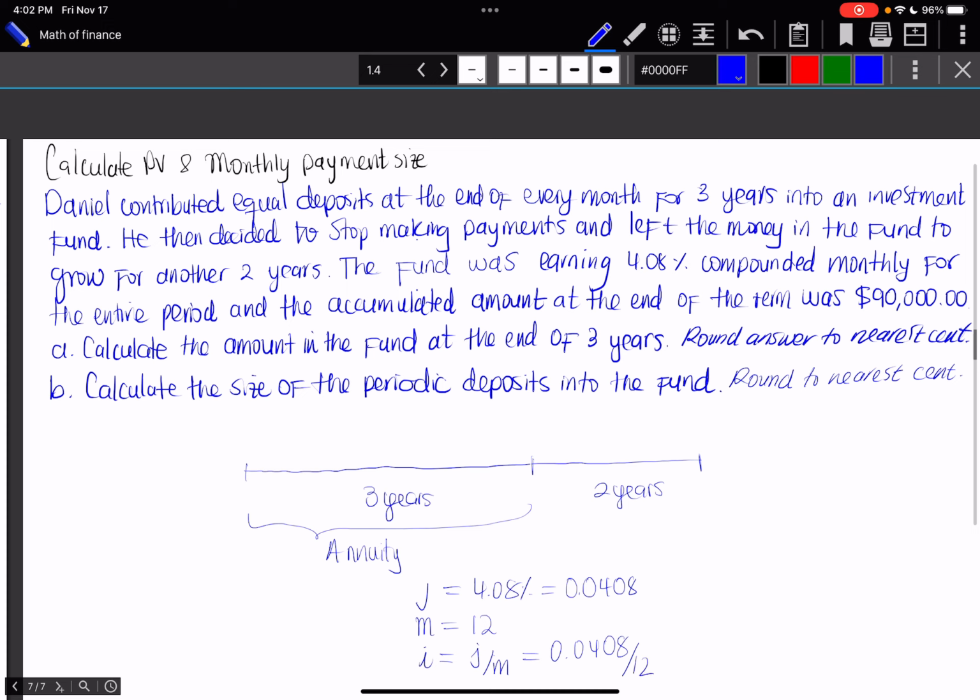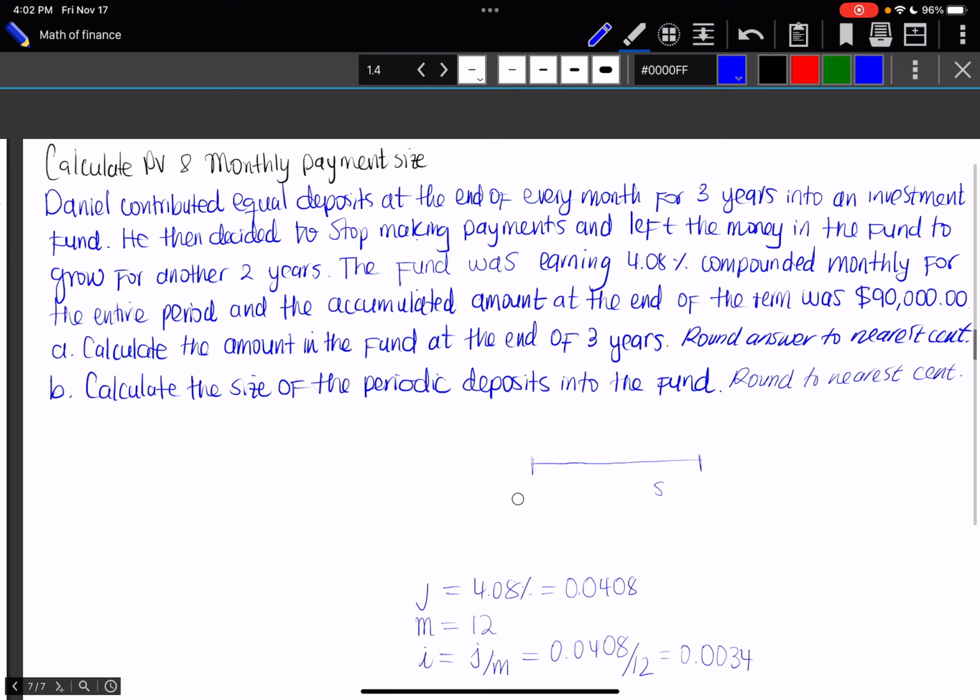When we perform that division, we find 0.0034. That's the periodic interest rate, 0.0034. It comes from dividing the interest rate by the number of compounding periods in the year. Okay, so let's keep that in mind.